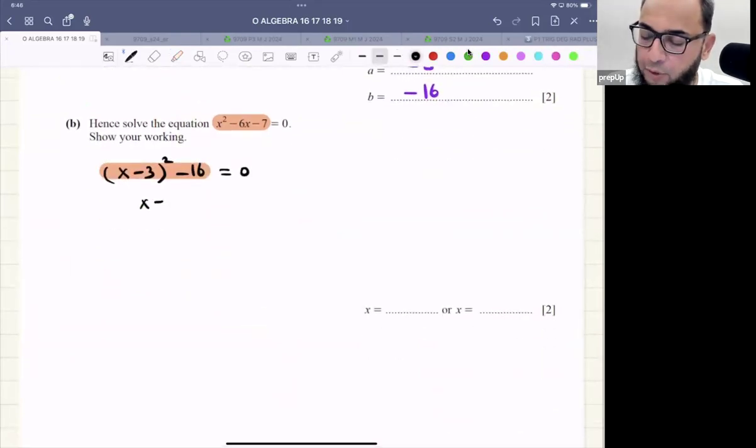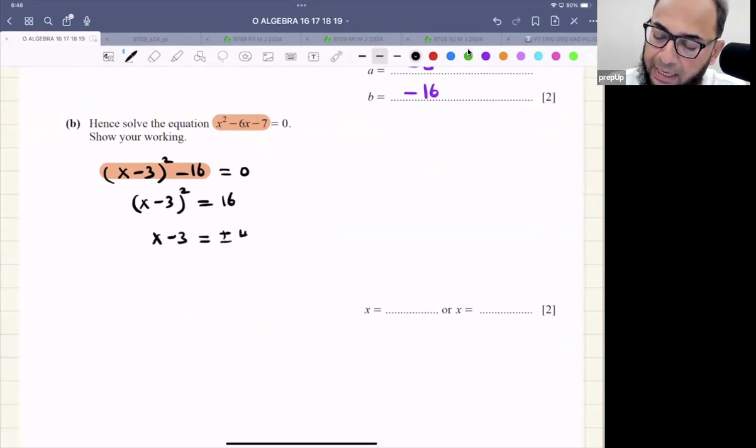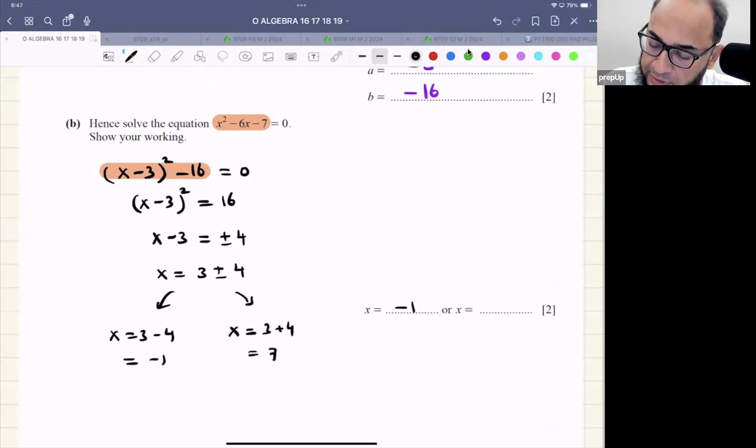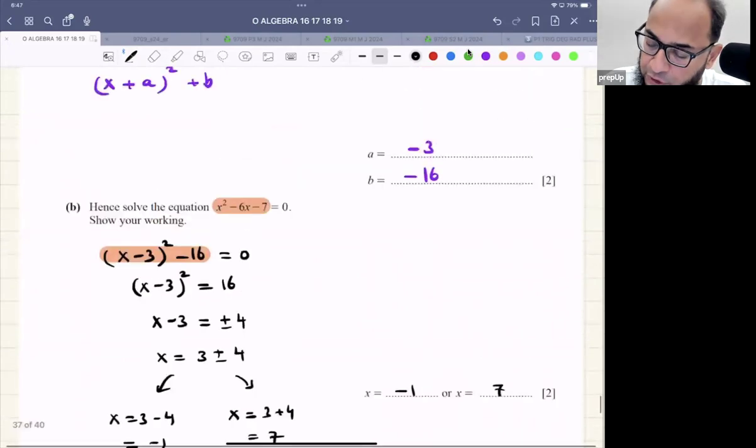So (x minus 3) whole square is equal to 16. x minus 3 is plus minus 4. Therefore, x is equal to 3 plus minus 4. So you end up with two answers: x is equal to 3 minus 4, which is -1, and x is equal to 3 plus 4, which is 7. So these are the two answers.